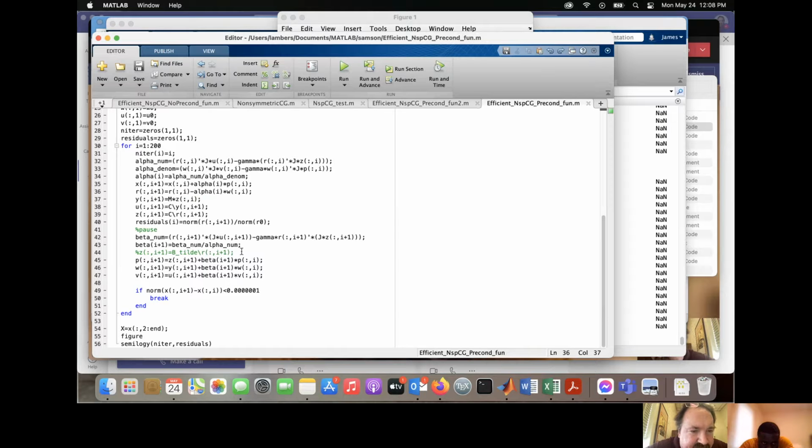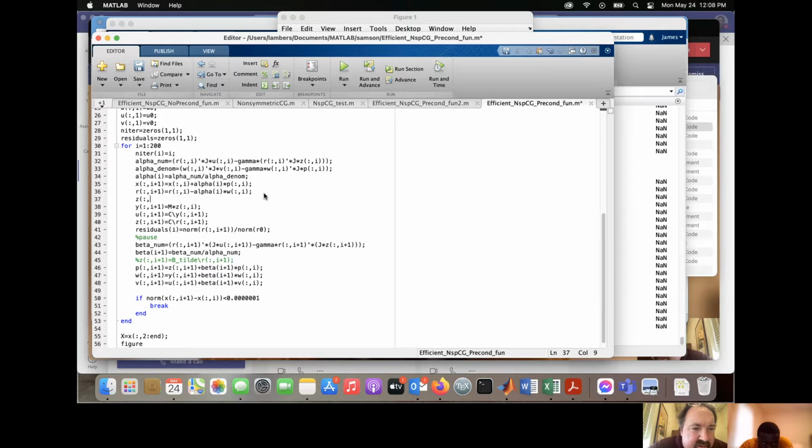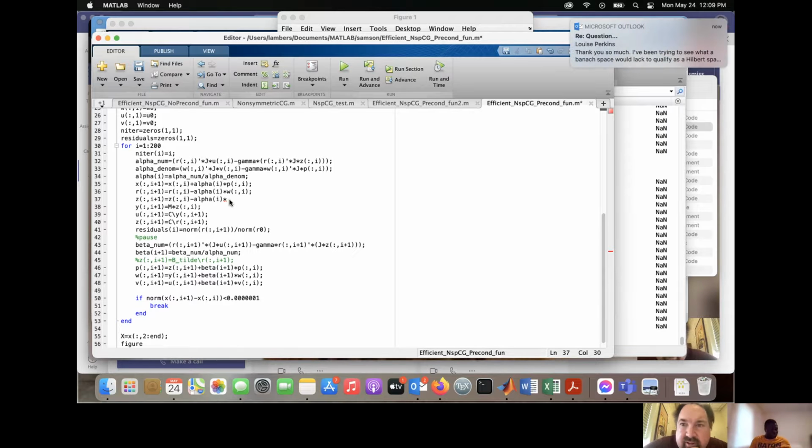Now, if I instead update Z in the same way that R is updated, then this needs to be equal to C inverse times W. Or yeah, that's, I think, VI.